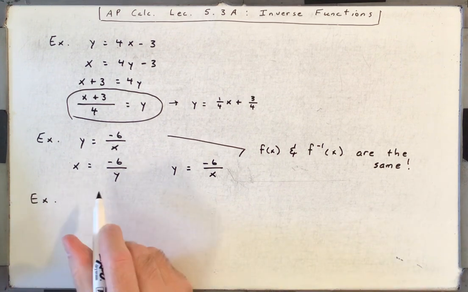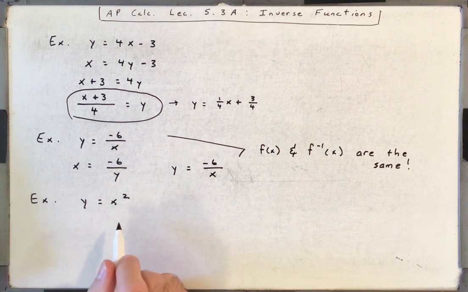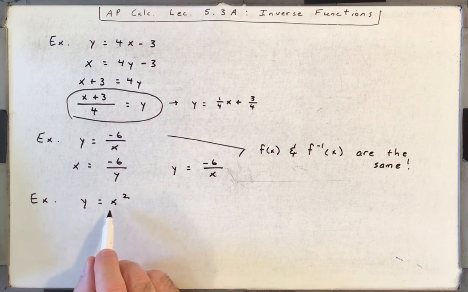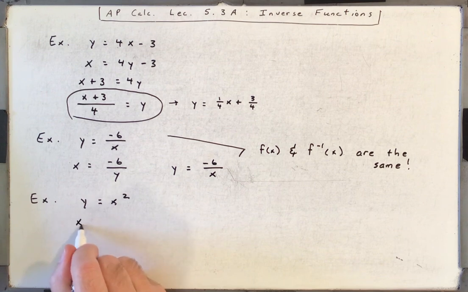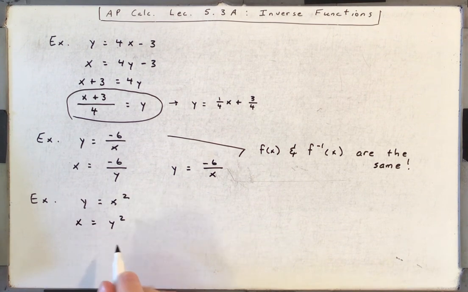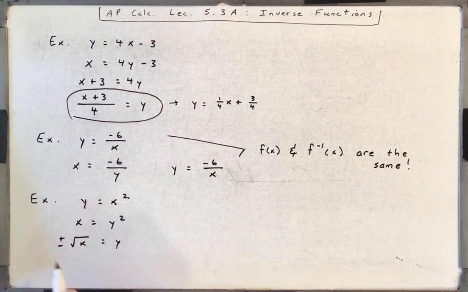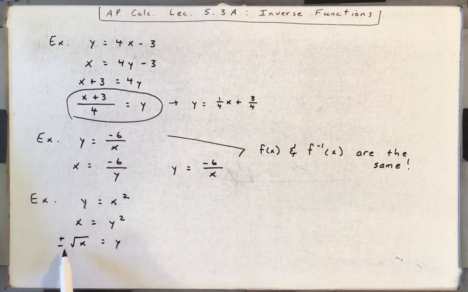All right, let's do one, y equals x squared. Now you know, what's the shape of y equals x squared? It's a parabola. So it's going to fail the horizontal line test. So let's swap. We have x is equal to y squared. And now solving for y, you have the square root of x is equal to y, but it's actually plus or minus, right? Because anything that you square, let's say we square -2, that's going to be 4.